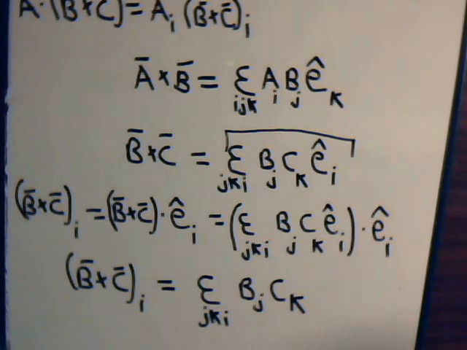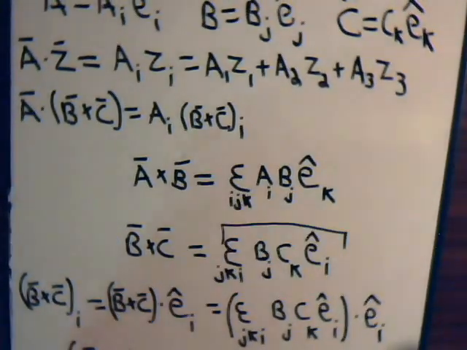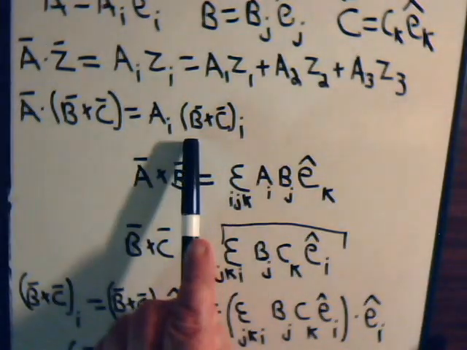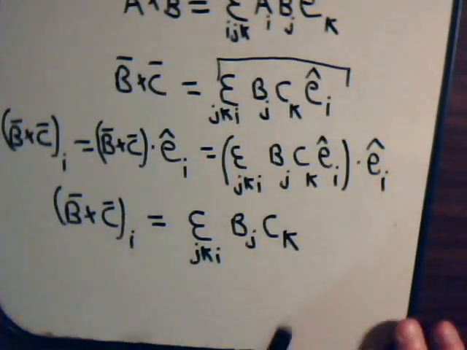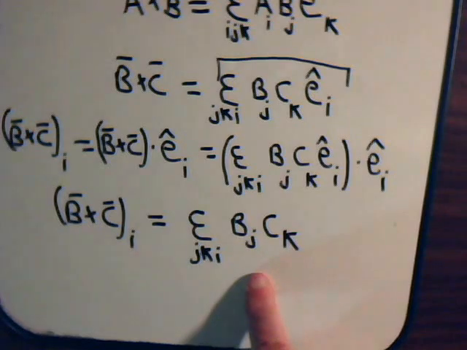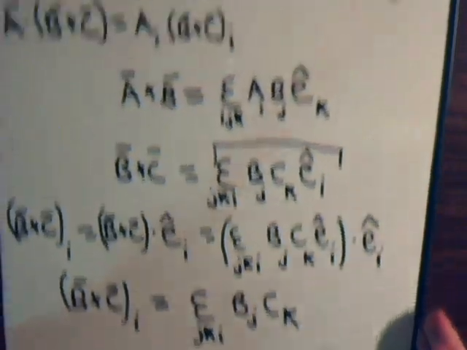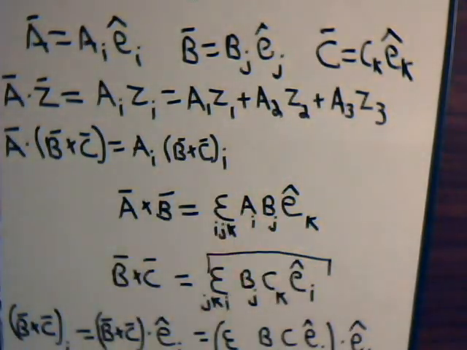Now, let's go back to where we started. We were writing out the dot product in component form. Now for this, we can substitute epsilon JKI B sub J C sub K in place of this.